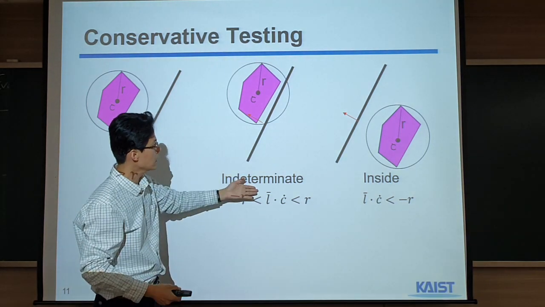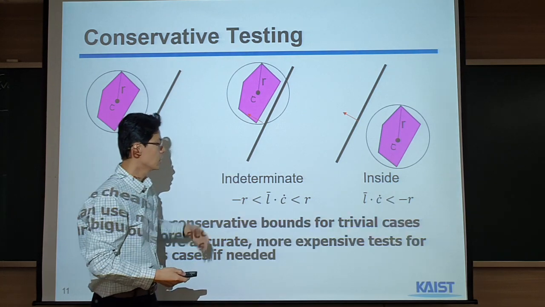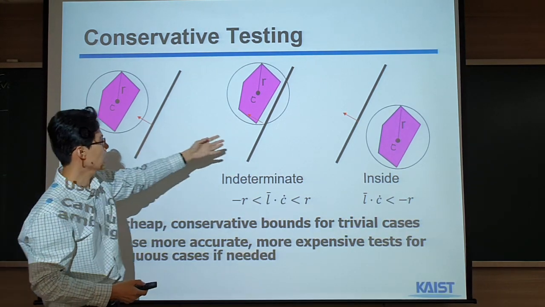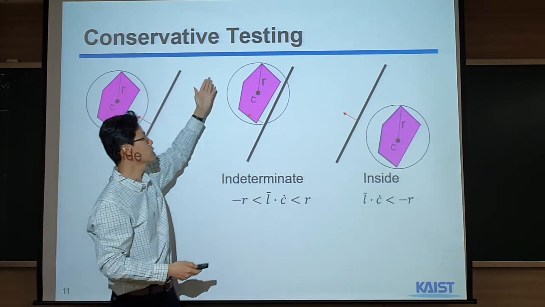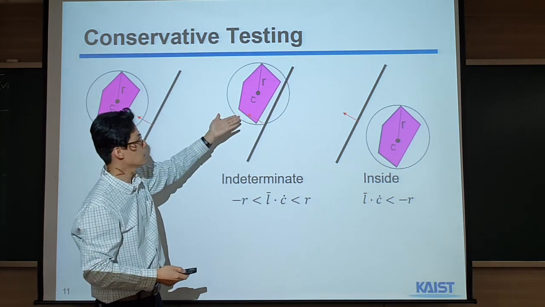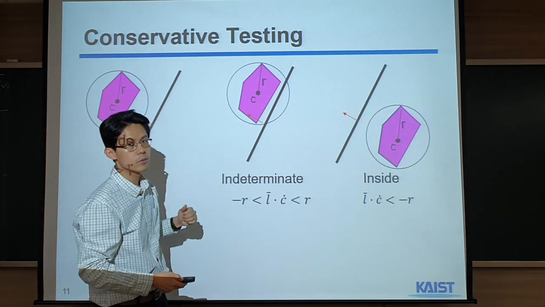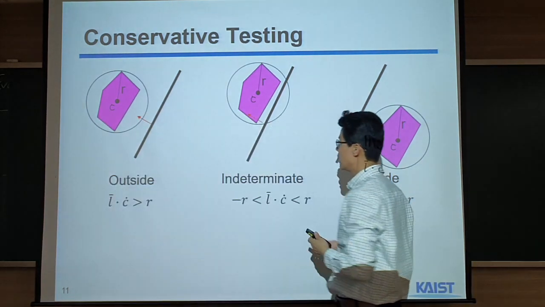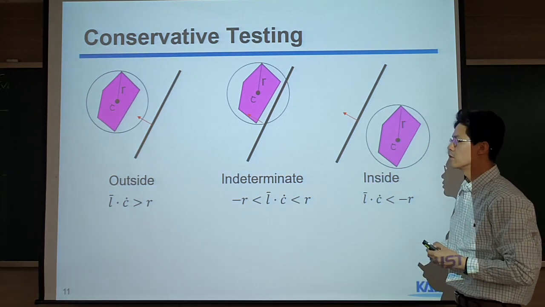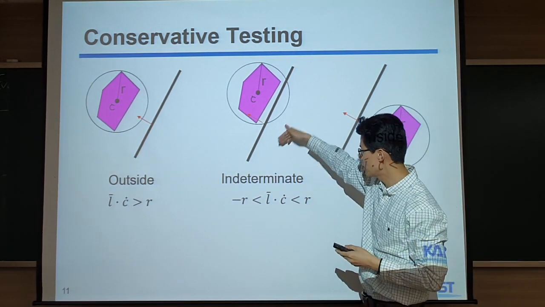In that case you don't know whether the polygon is outside or inside, so you need to get back to the prior test and check every single vertex against this line. Then the time spent on the bounding volume is just overhead, right? So when you use a bounding volume, you want to reduce the cases that fall into these indeterminate cases.